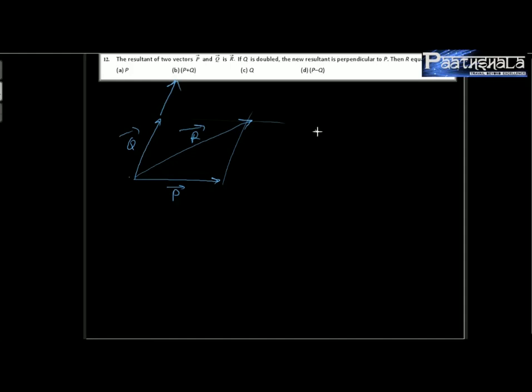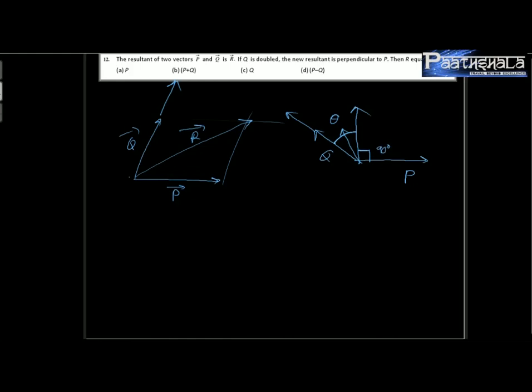So our diagram has to be drawn better actually. So the resultant of P and Q is the vector R, and if Q is doubled, then this vector R becomes perpendicular to the vector P. Okay, so after Q is doubled, the angle between the vector Q and the resultant, let it be theta, and let this angle be 90.